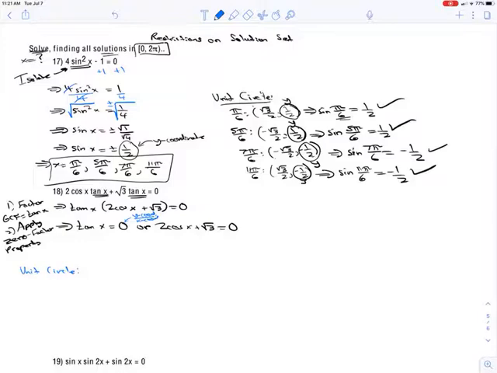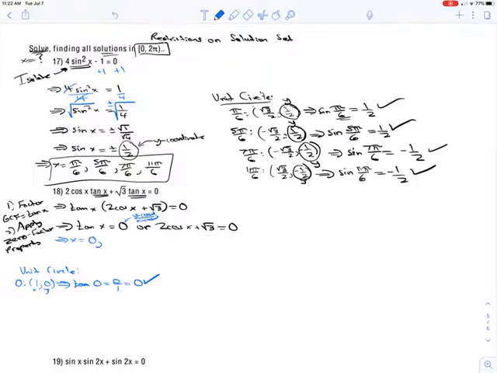But if we look at 0 radians, our ordered pair is (1, 0). There's x, there's y. So the tangent of 0 radians or 0 degrees is equal to 0 divided by 1, which is equal to 0. So that implies x equals 0.